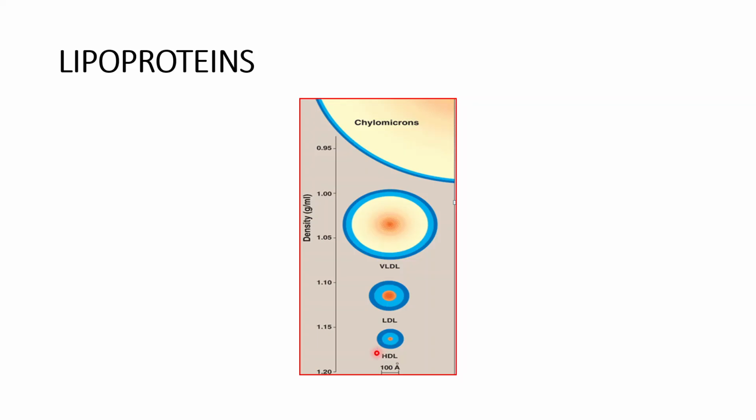This is HDL, high density lipoprotein. So the maximum density is in HDL, but the size is least. If we compare the diameter of chylomicron and HDL, as we go downward, diameter decreases and density increases.